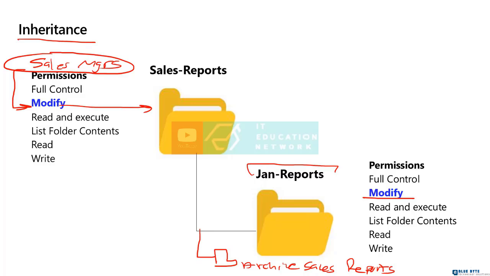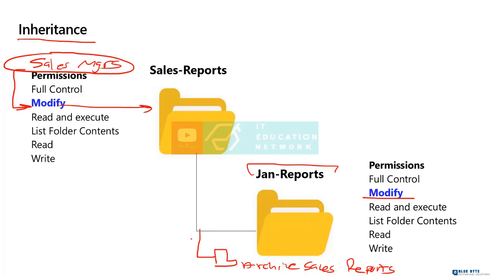Now, not a lot of people need access to the archive sales reports. Sales managers do not. So arguably, you probably should not have put that in sales reports, since the permissions that are assigned at the sales reports level will also apply to this archive sales reports. It should really be in a completely separate structure, which would be a best practice.